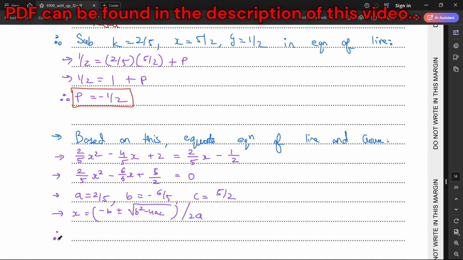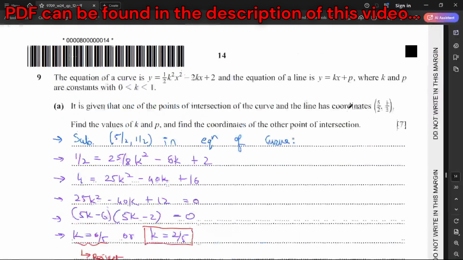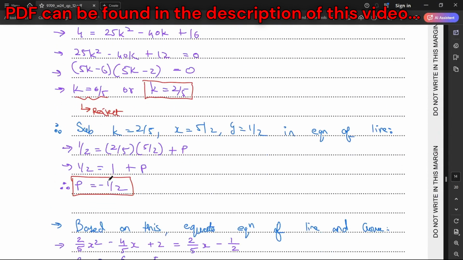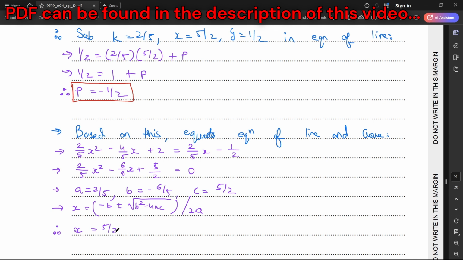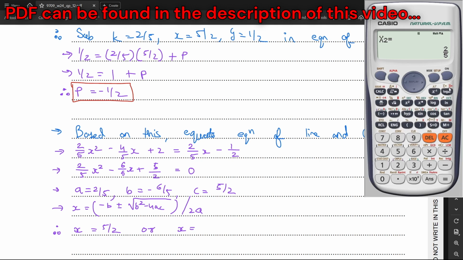I'll be getting two values of x, where one will be for sure 5 by 2, and the other value we'll just need to find. So I can again use my calculator and plug in these values directly. A value is 2 by 5, b value is minus 6 by 5, and then the c value is 5 by 2.